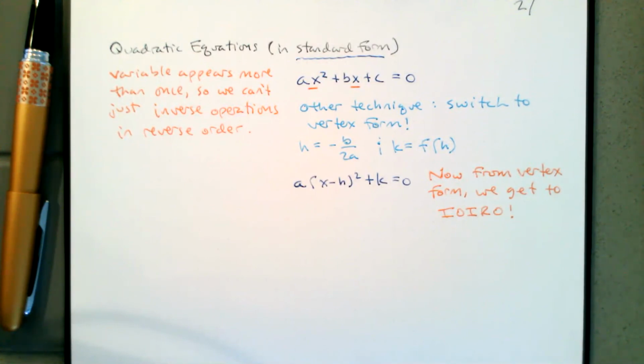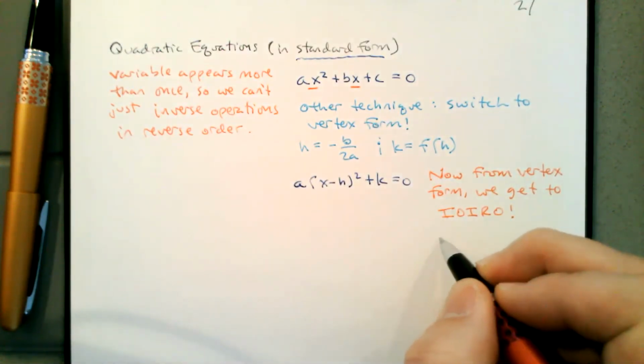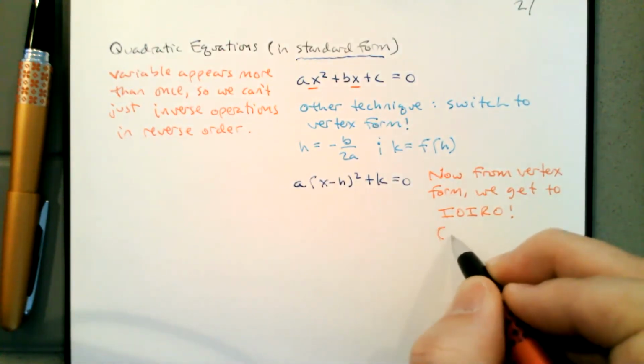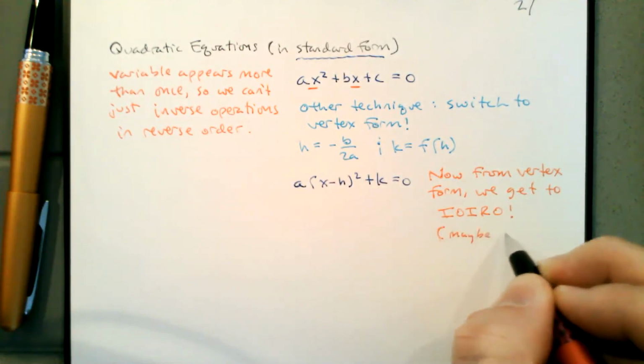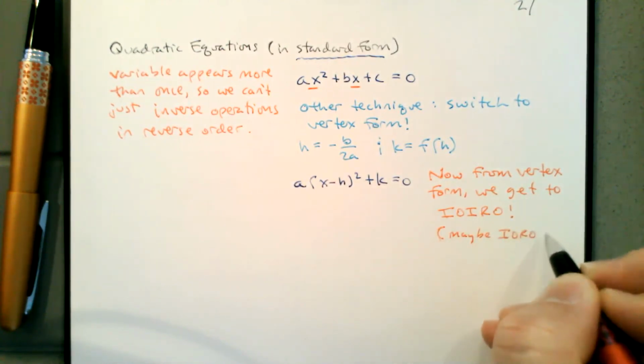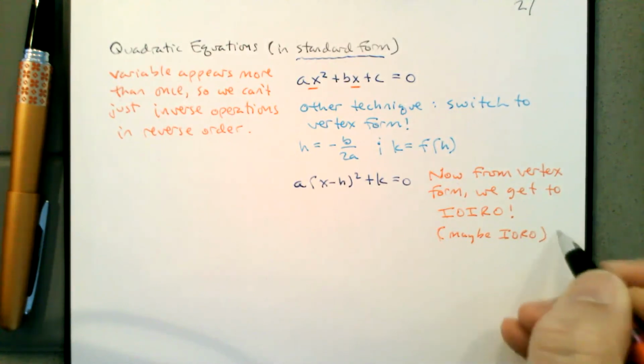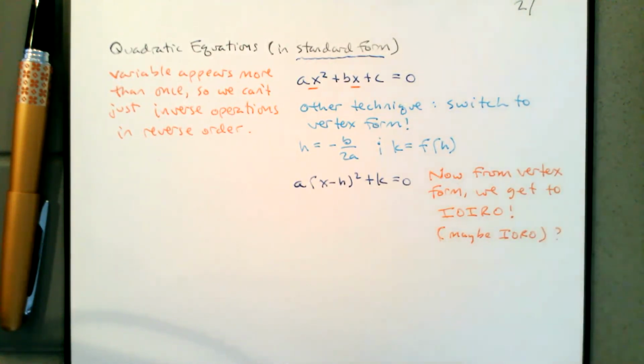Or maybe I should do inverse operations in reverse orders. IORO. IORO? I don't know.